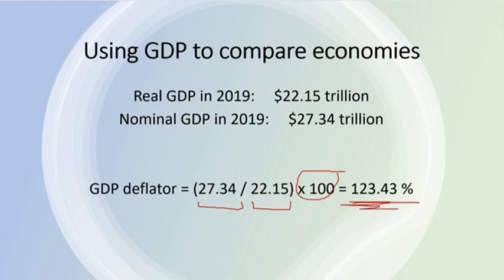So for this particular example, we would divide 27.34 by 22.15 and then multiply that by 100 to get the deflator to be 123.43%.